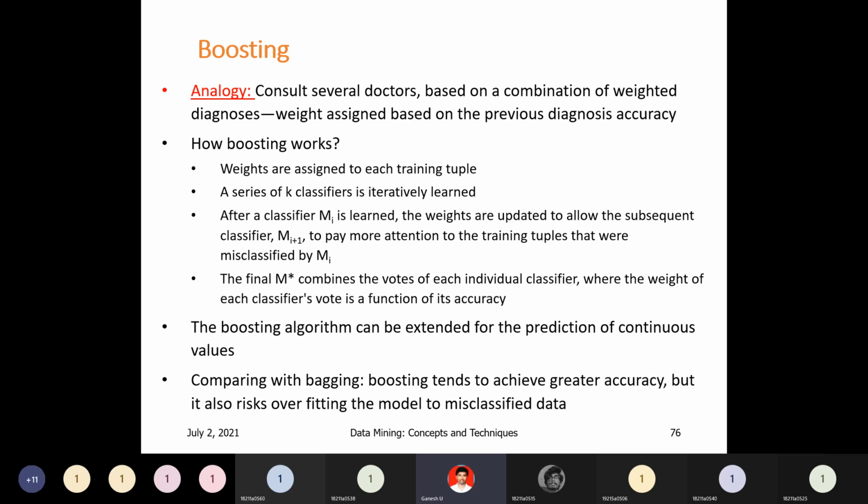Each and every doctor is giving some result, some report. Those are all reports you are analyzing. You analyze the first doctor's report, and when you go to the next doctor, what will you do?